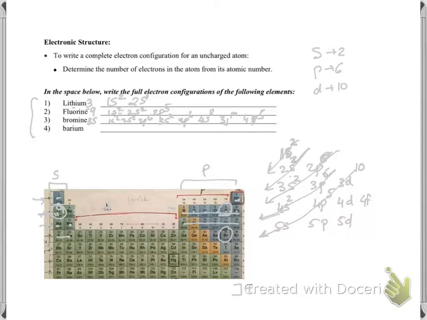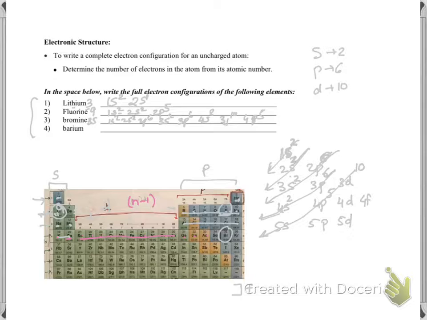Now when you enter d, you put one less row number. So that's why it means n minus 1. If in the fourth row, you put 3. So 4s2, 3d10, 1, 2, 3, 4, 5, 6, 7, 8, 9, 10. And you are entering p again, 4p, 1, 2, 3, 4, 5, 4p5.